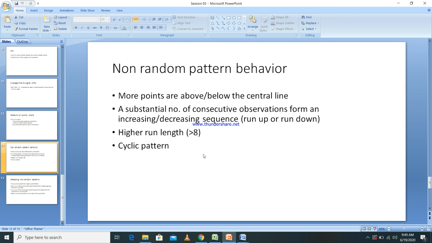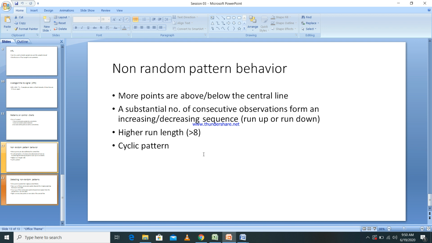Or you have long run lengths, or you can see cyclic patterns. In the next lecture, I will show you some examples of these non-random behaviors. In all of these cases, you can identify that your process is not in control, right?